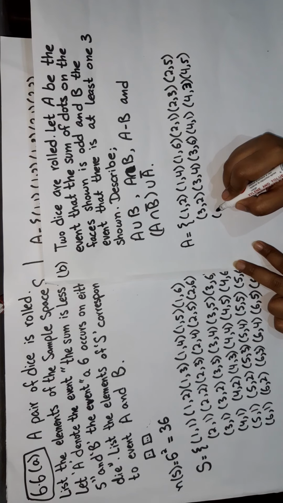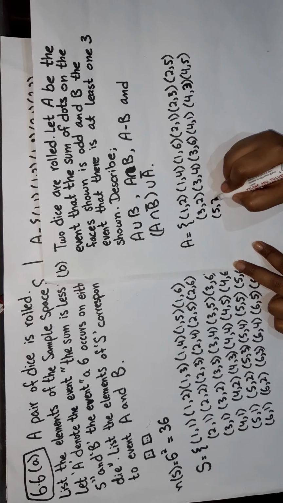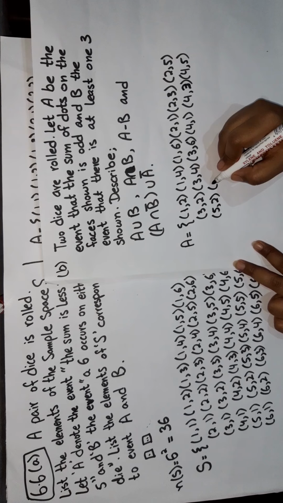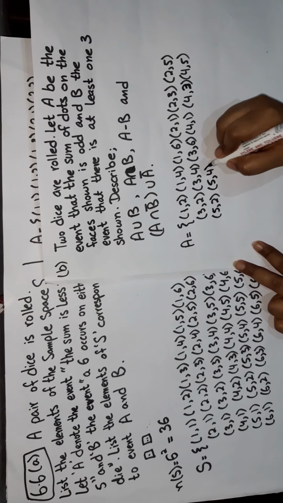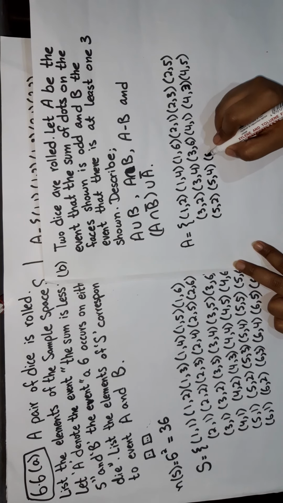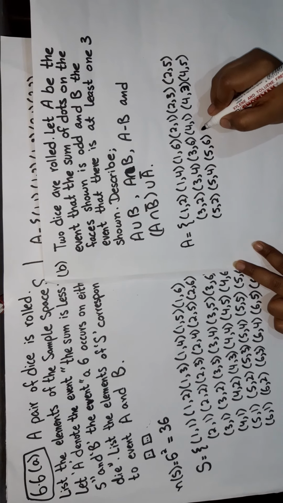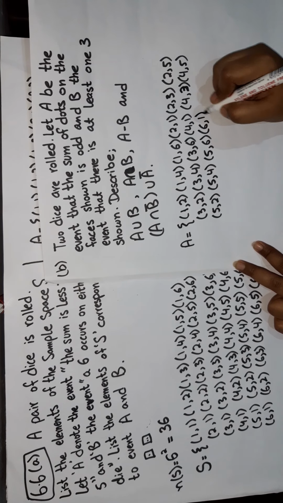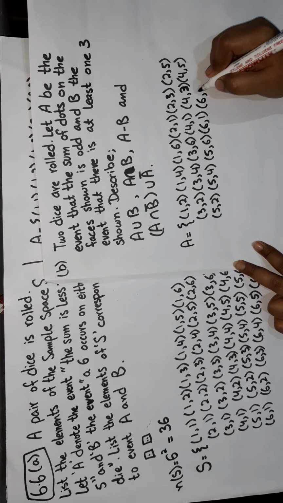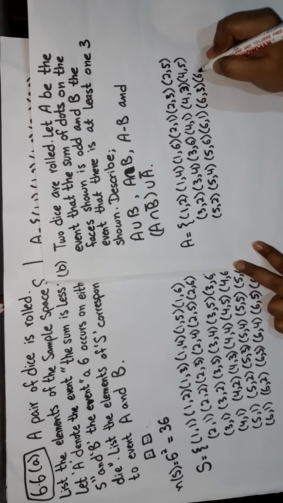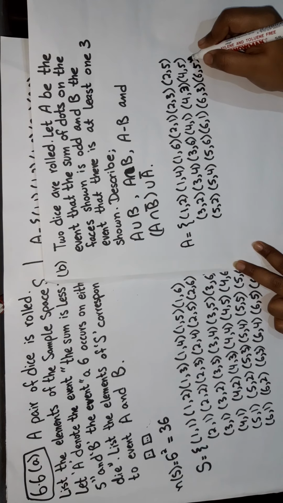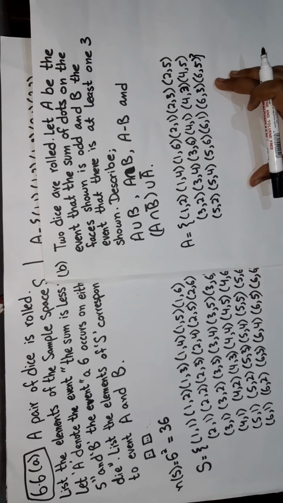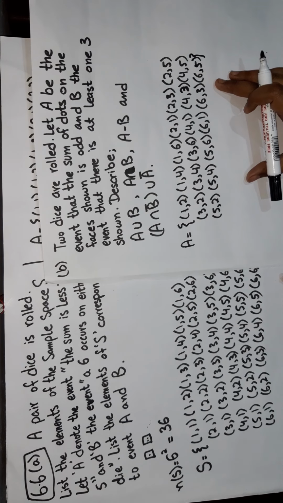Next, 5 2 is odd. 5 4, 5 6, 6 1, 6 3, 6 5. So these are all the elements whose sum is odd.